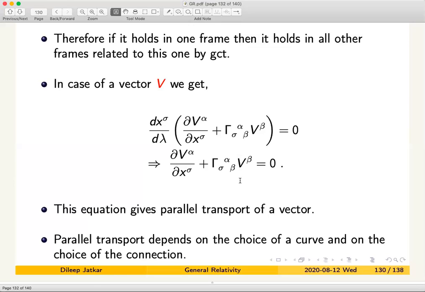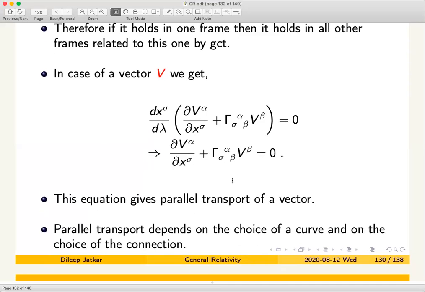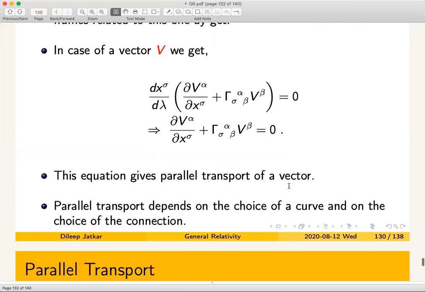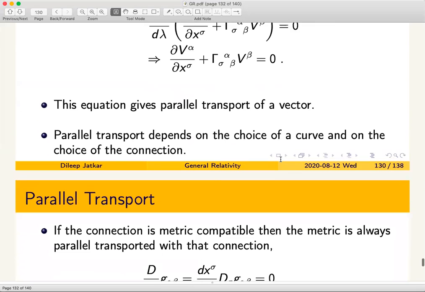Remember that we have been only looking at the connection which is written in terms of the metric and its derivatives. But in general, you can write down more general forms of connections, of which Riemann Christoffel is only one. The Riemann Christoffel connection is metric compatible. By that I mean that if you take a covariant derivative of the metric, with the covariant derivative involving the Riemann Christoffel connection, then that covariant derivative of the metric vanishes.